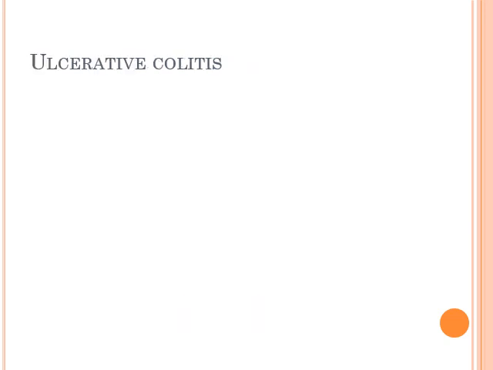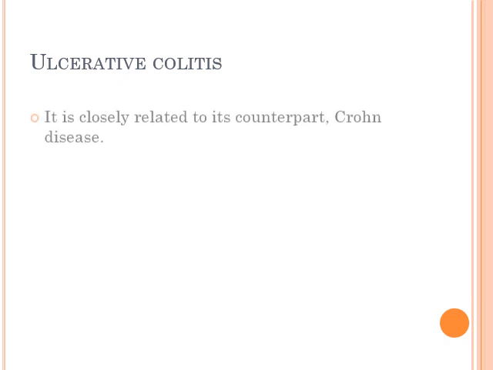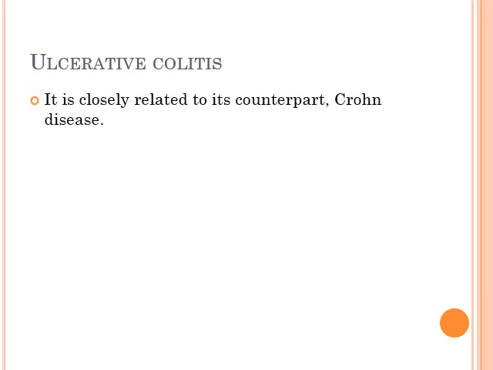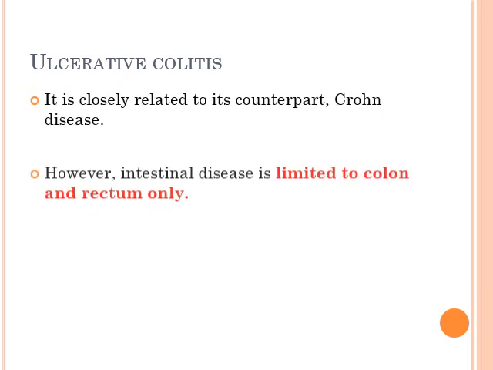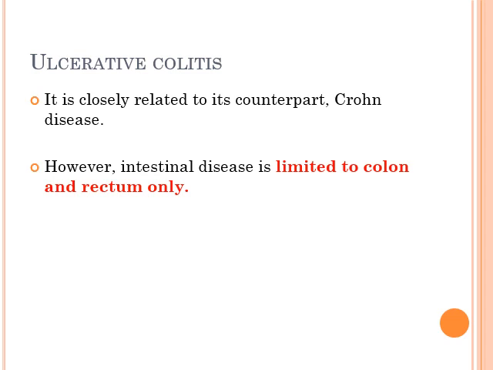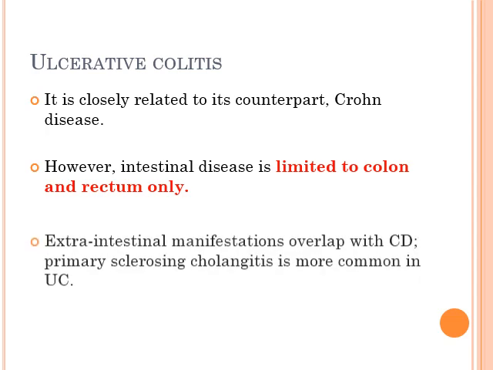Next, coming to ulcerative colitis. It is closely related to its counterpart, Crohn's disease. However, the disease is limited to the colon and rectum only. When only the rectum is involved, you can also call it ulcerative proctitis.